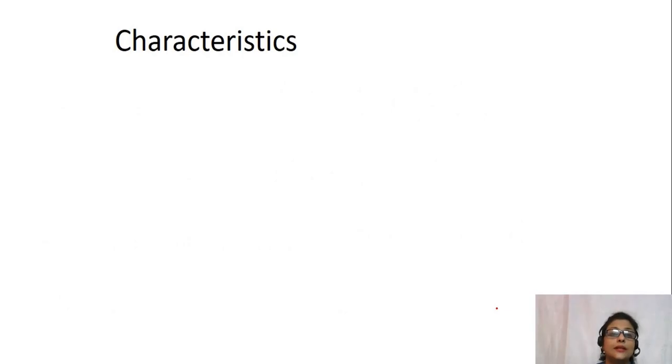Let us now look at the characteristics of data communication. First is delivery. What is the meaning of delivery? When we transmit data from one computer to the other through the transmission medium, it must reach the intended destination and not anybody else.